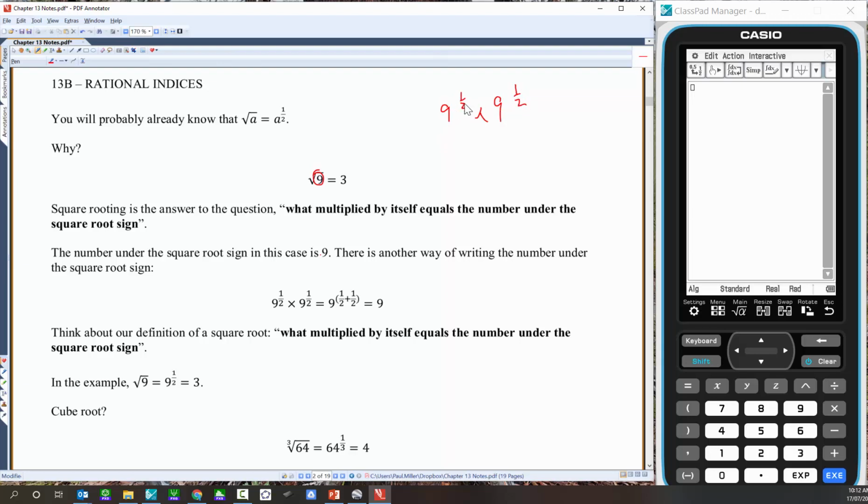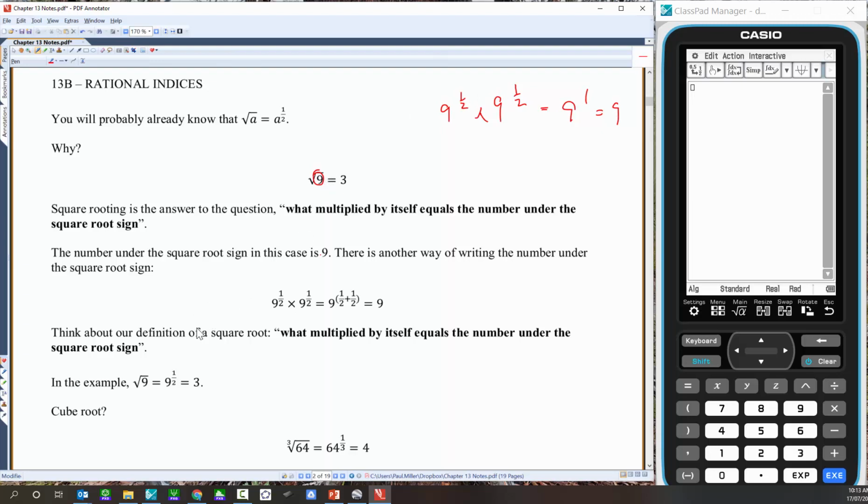Now, why am I allowed to do that? So common bases, add the powers, that's 9 to the 1 equals 9. Now, what was the point of that? Well, the definition of square root is what multiplied by itself equals the number under the square root sign. So 3 multiplied by itself equals 9, but also 9 to the half multiplied by itself equals that.